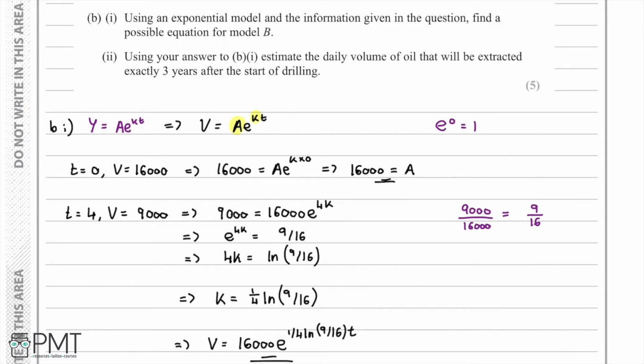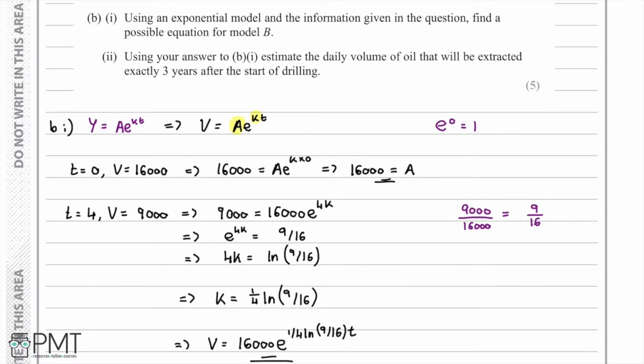So now we'll take a look at where the marks were on offer for part B. So there's 5 marks on offer in total. So taking a look at part 1 of the question, we received our first mark for suggesting a suitable exponential model. So this is where we wrote that v was equal to a e to the power of kt. We then received our second mark for knowing to use the values we were given in the question to work out what a and k were.